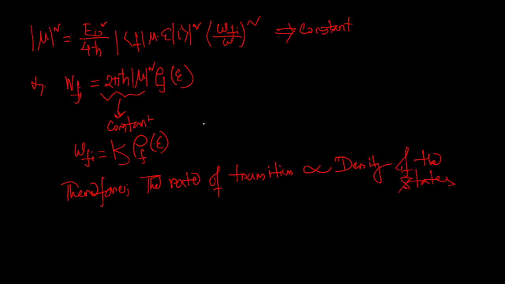Now this is the very famous Fermi golden rule. Okay, so your total rate of transition actually depends on the density of the states present in a system.